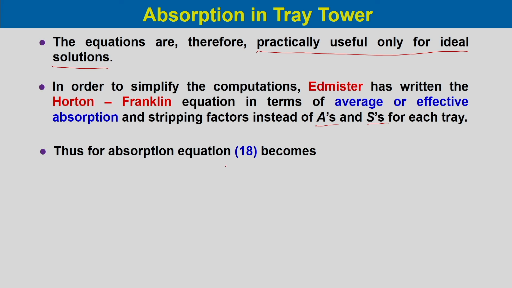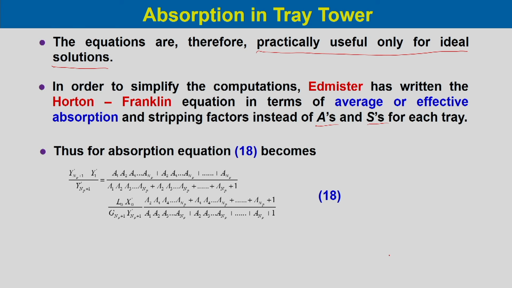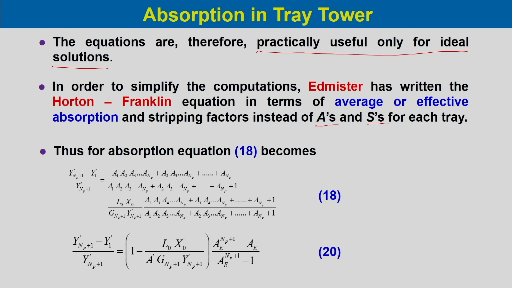Thus, for the absorption equation 18, which becomes like this, it can be written as (y_{n_p+1}' - y_1') divided by y_{n_p+1}' would be equal to [1 - L_0 x_0' divided by (a' G_{n_p+1} y_{n_p+1})] into (A_e^{n_p+1} - A_e) divided by (A_e^{n_p+1} - 1).